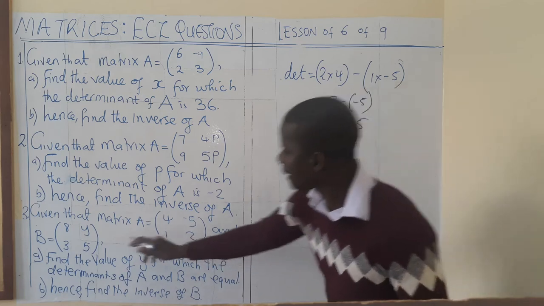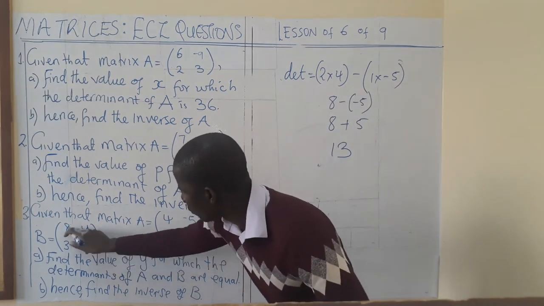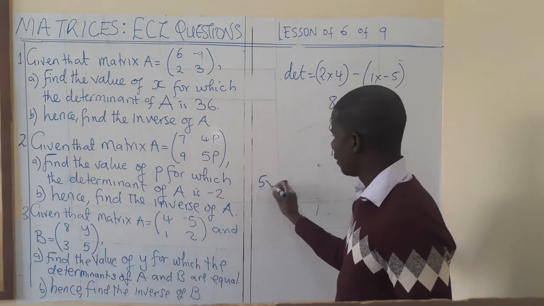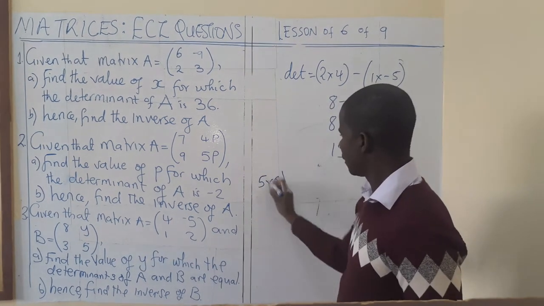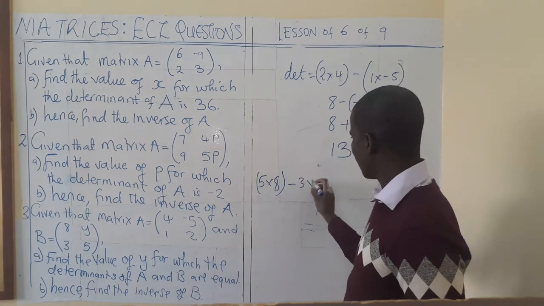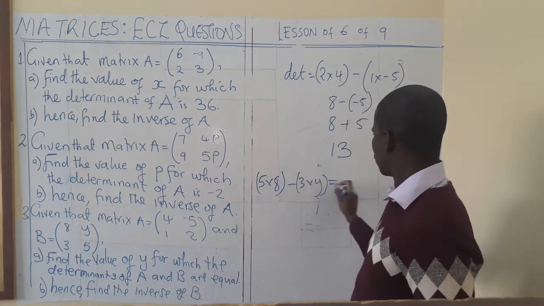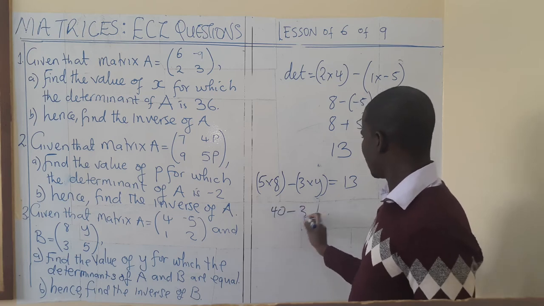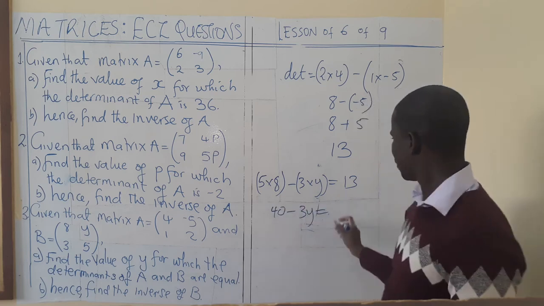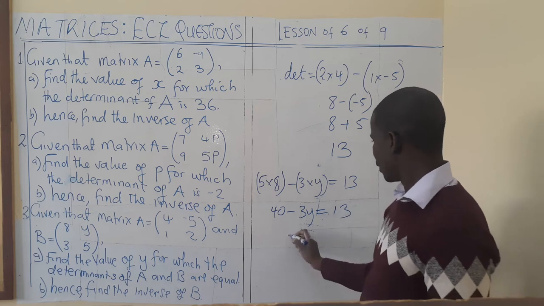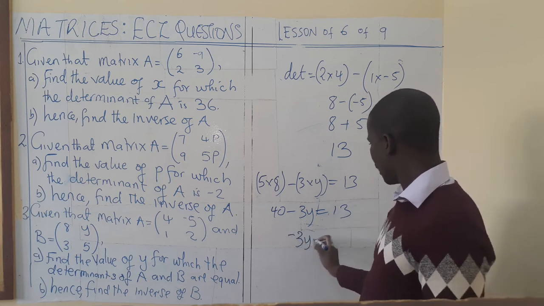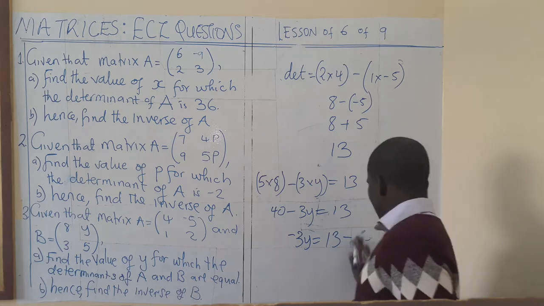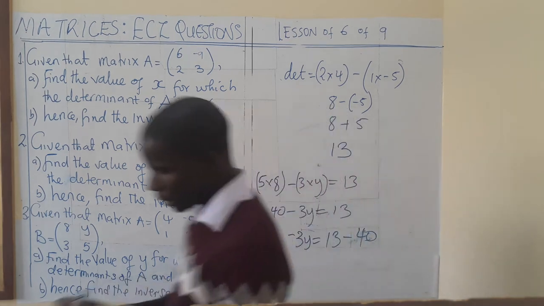So we multiply 5 multiplied by 8 minus 3 multiplied by y equals 13. This gives us 40 minus 3y, and this must give us 13. So minus 3y equals 13 minus 40.